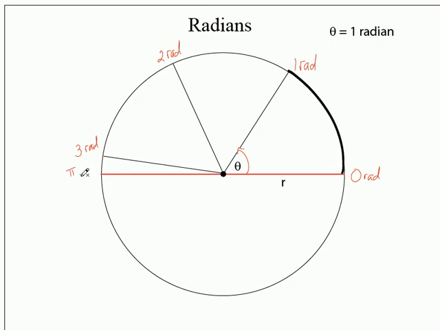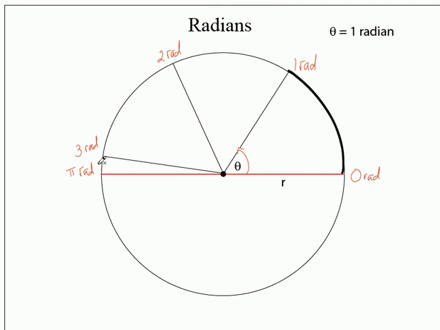There's other reasons you could show that, but I think that's a good way to show it. So 1 radian, 2 radians, 3 radians, and a little bit more is the 0.14 of a radian. So that's pi radians.